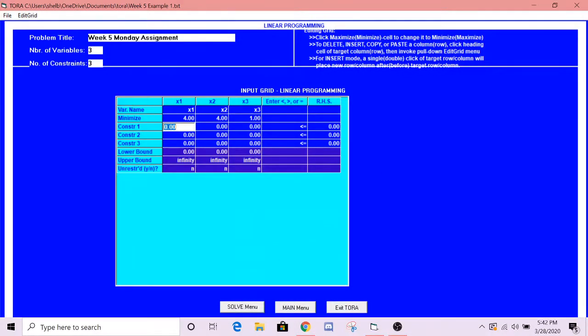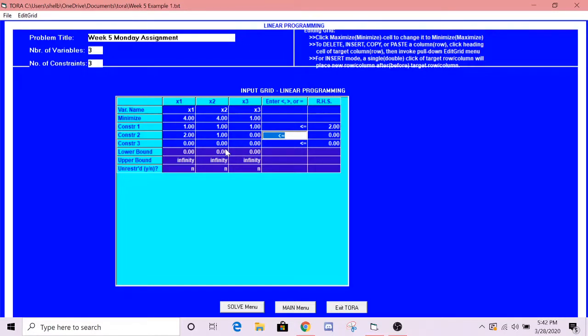Our first constraint, we have 1x1 plus 1x2 plus 1x3 is less than or equal to 2. So need to change this part. But in our second constraint, we have 2x1 plus 1x2 plus 0x3, and we have greater than or equal to 3.